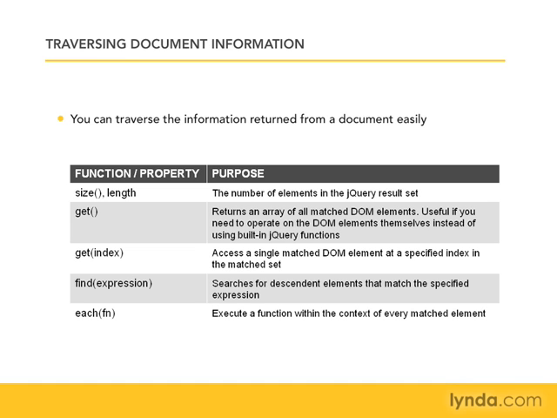And the last two functions, find and each, are also pretty powerful. The find function can be used to search inside a matched element for other elements that match the expression. You can imagine searching inside a div for images, for example. And then the last function, the each function, is also very powerful.